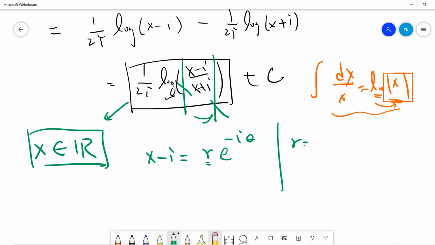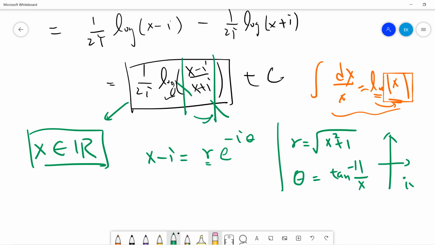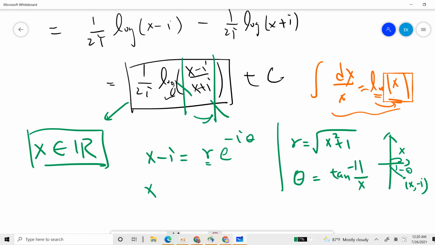From here, r will be the square root of x squared plus 1, and theta will be arctangent 1 over x. So x is the real part, and the angle is minus theta. And x plus i, from this picture, is r exponential i theta.